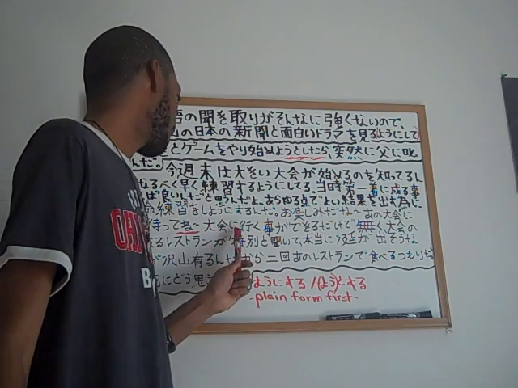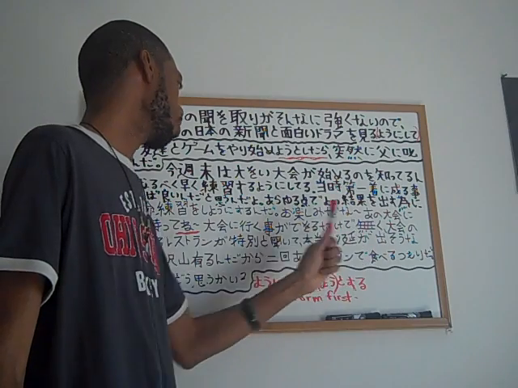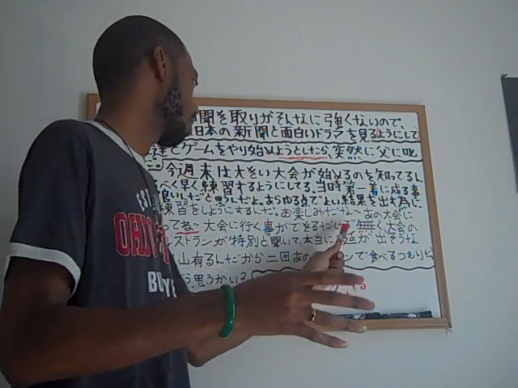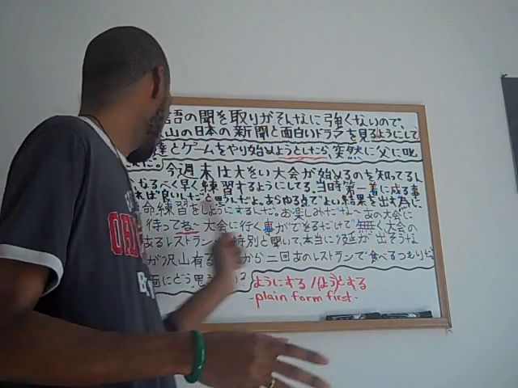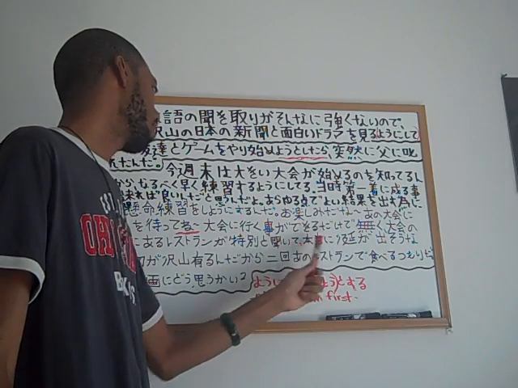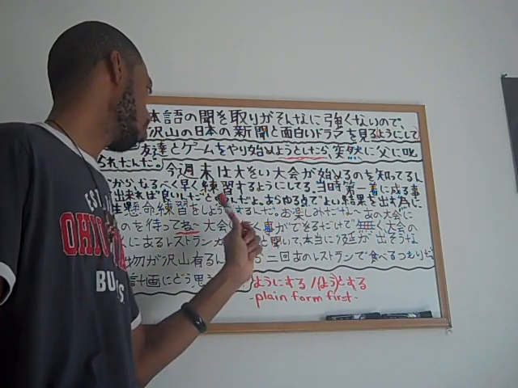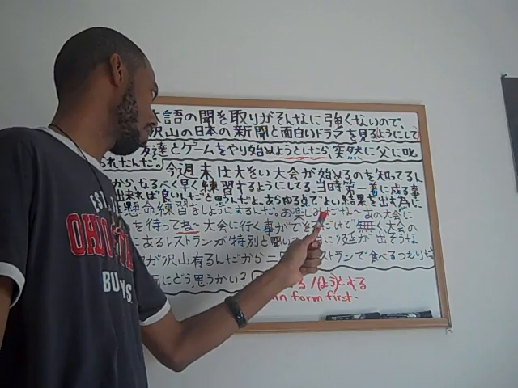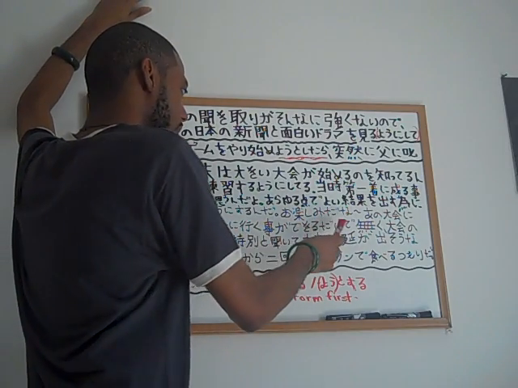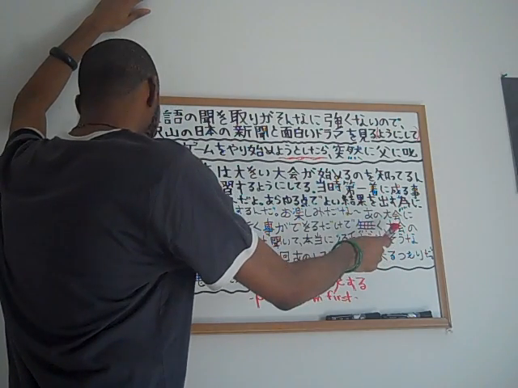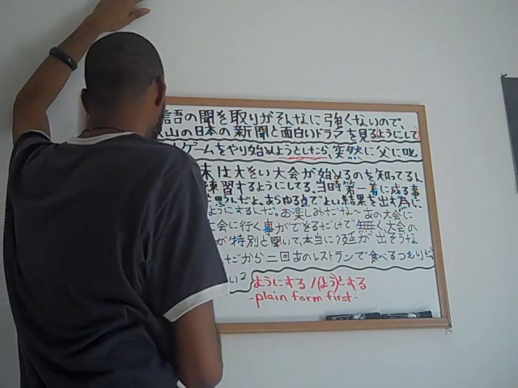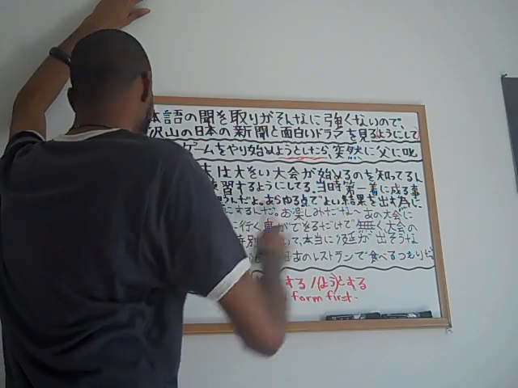大会に行くことができるだけでなく, so not only am I able to go to this tournament, 大会の近くにあるレストランが特別と聞いて, I heard that there's a special restaurant near this tournament.